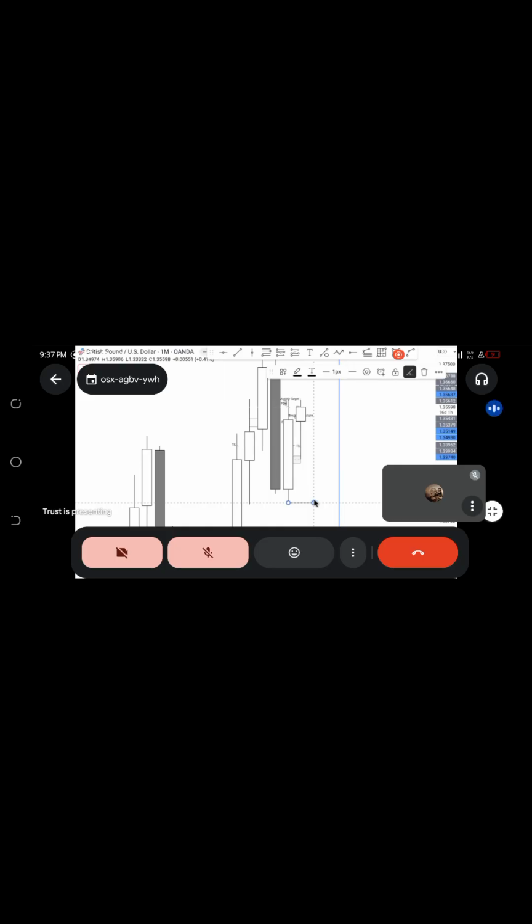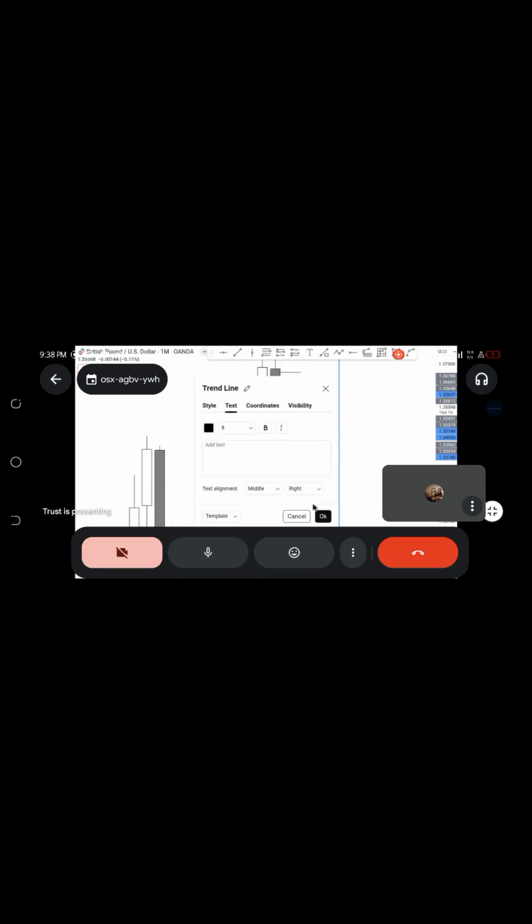Now, why we call it protected low is so that, I'm trying to write it. Are you with me? I'm with you. Protected low. Okay, yes.